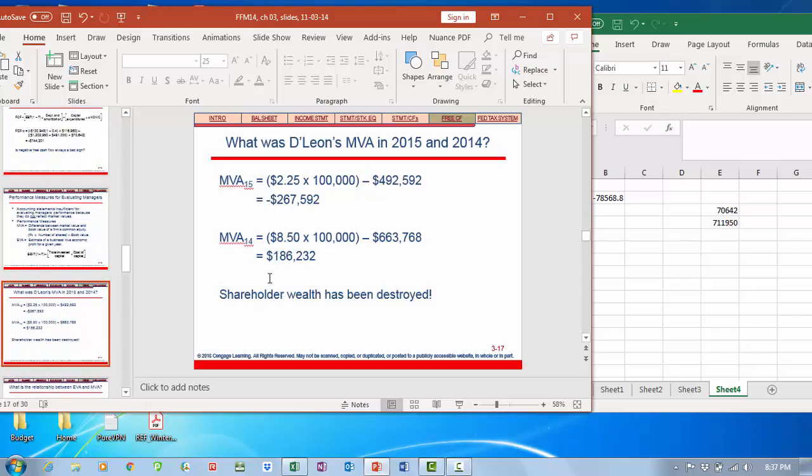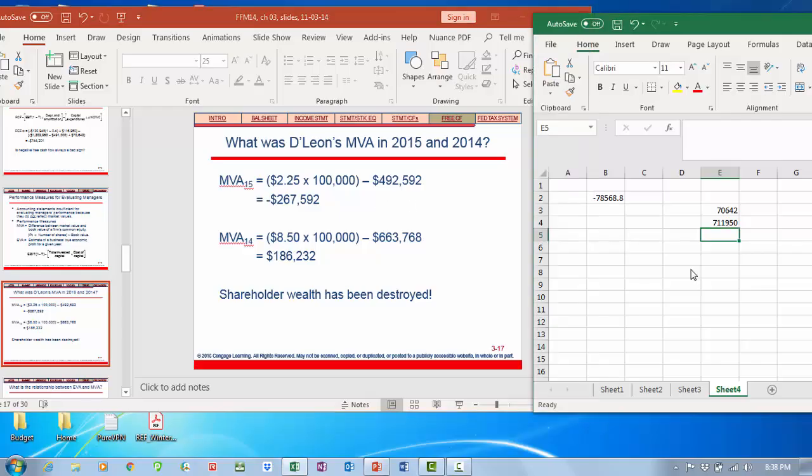So let's take the example of market value added. And this is coming from that additional information. We have the case of 2.25, that's the share price in 2015, multiplied with 100,000 shares, minus 492,592.